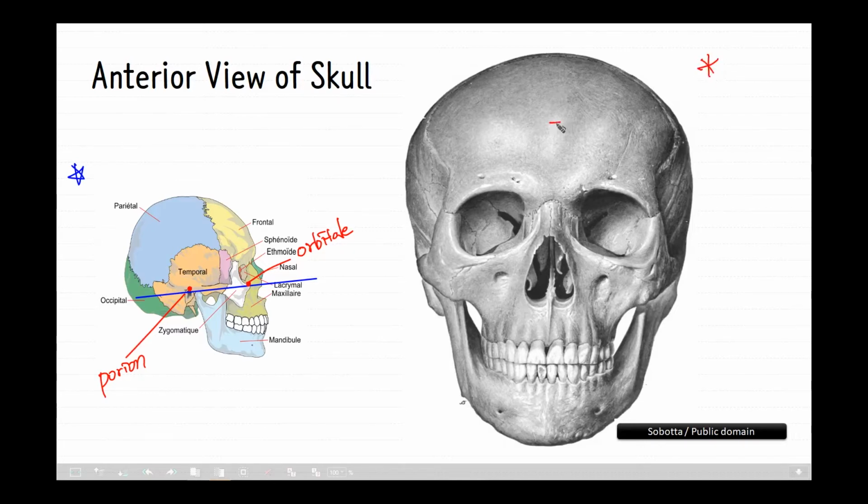Frontal bone, nasal bone, zygomatic bone, maxilla, this is the right maxilla, and the mandible. You can see the mandible very easily.